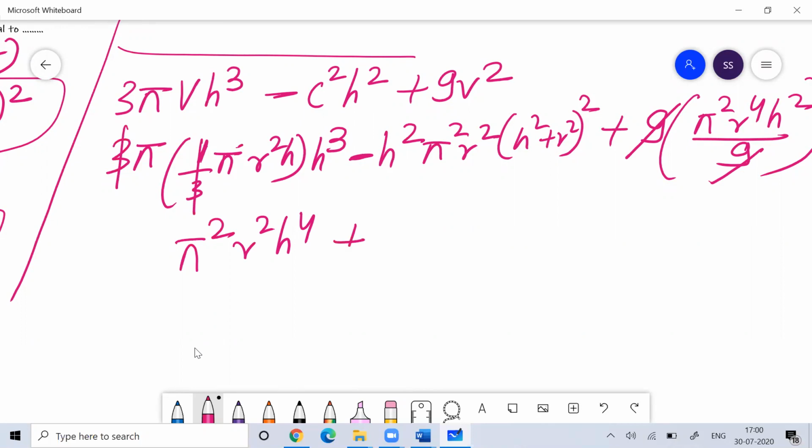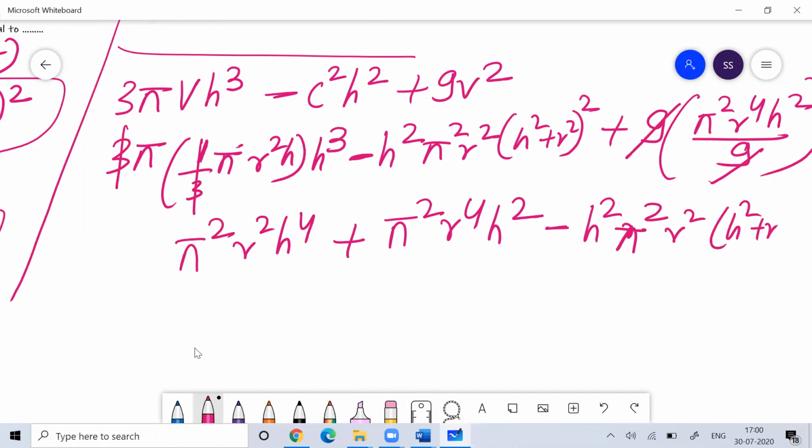This is plus pi square r to the power 4 h square, minus h square pi square r square into h square plus r square whole square.